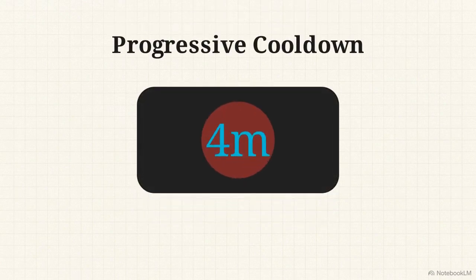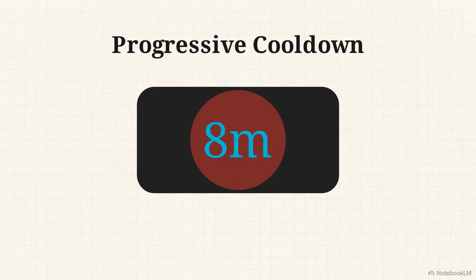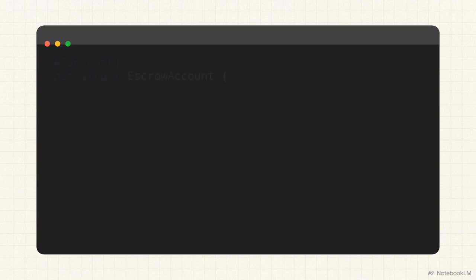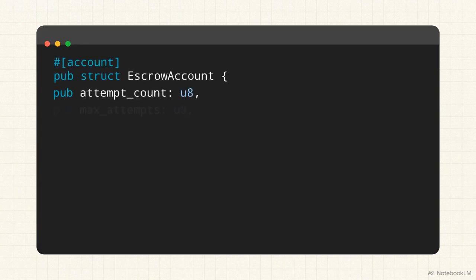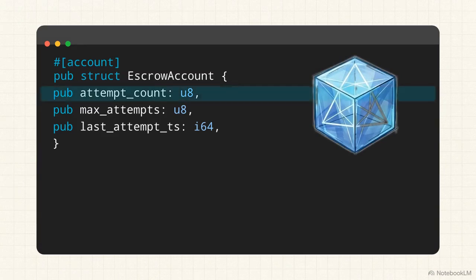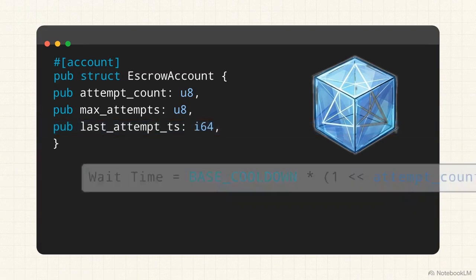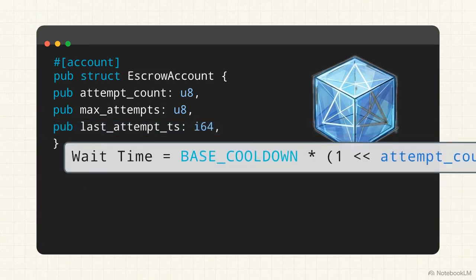Our solution is an on-chain progressive cooldown mechanism. This logic enforces a mandatory wait time that increases after every failed attempt. We implement this by adding 3 specific fields to our escrow account struct. We track the current number of attempts, the maximum allowed tries, and a timestamp recording exactly when the last attempt occurred.